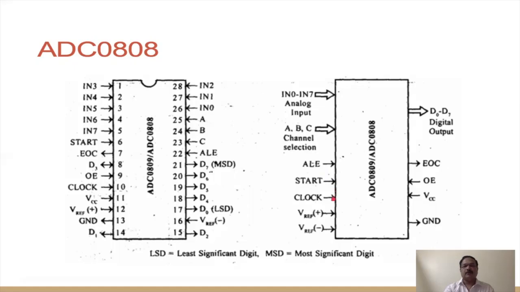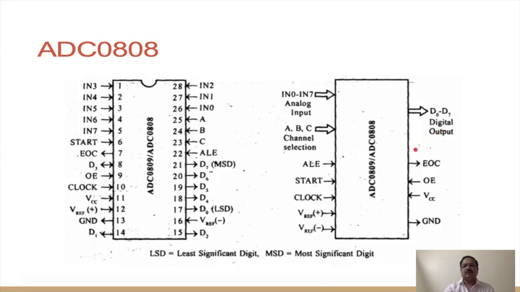The clock is an external signal used for the A to D converter. Here are the reference voltages, plus and minus. Then at the output side, you will find the digital output bits D0 to D7. Out of that, D0 is called the LSB, least significant digit, and D7 is the most significant digit.